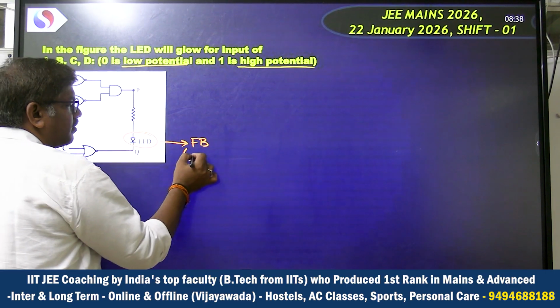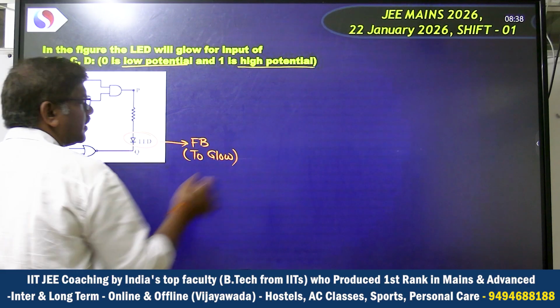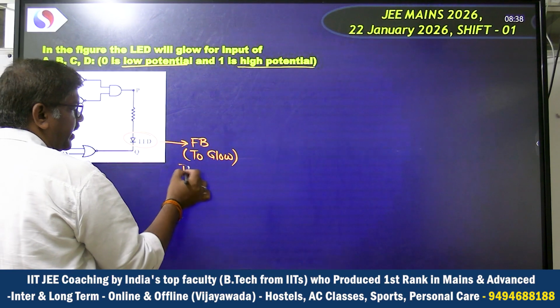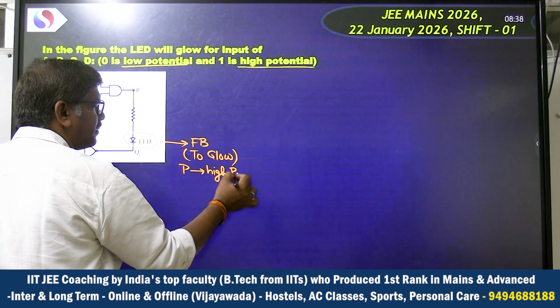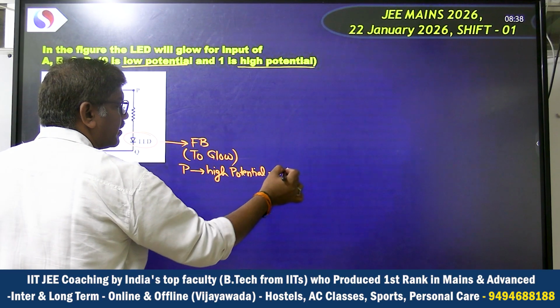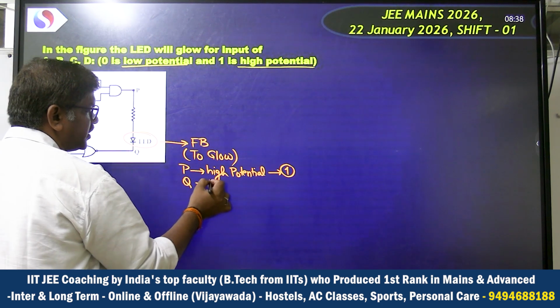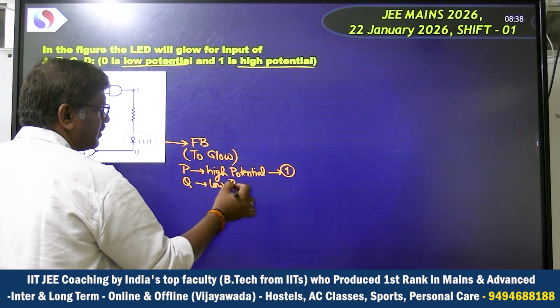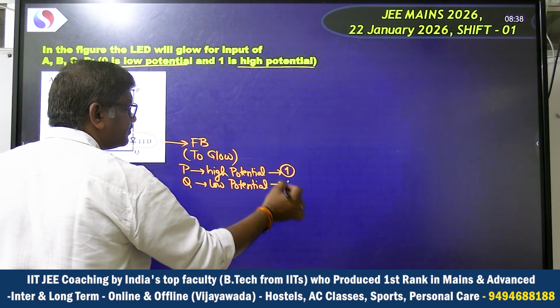Then only it will glow. For this, P should be giving me 1, and Q should be at low potential, which means the value of Q should come as 0.